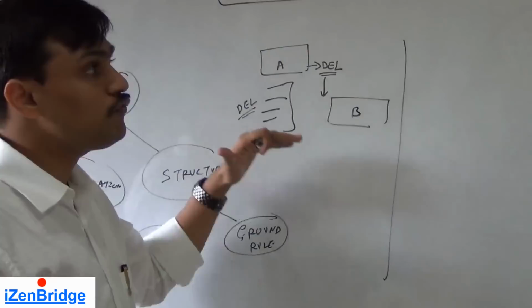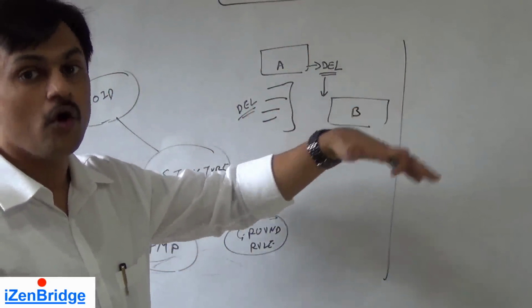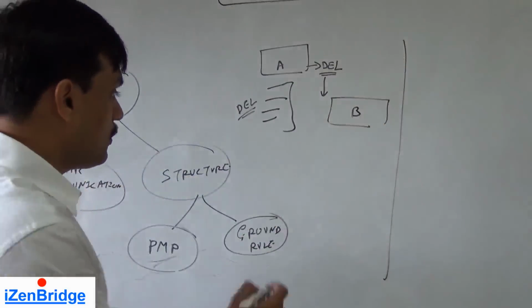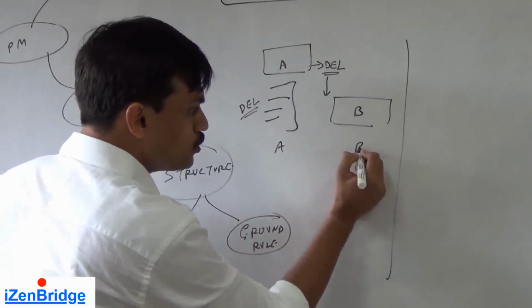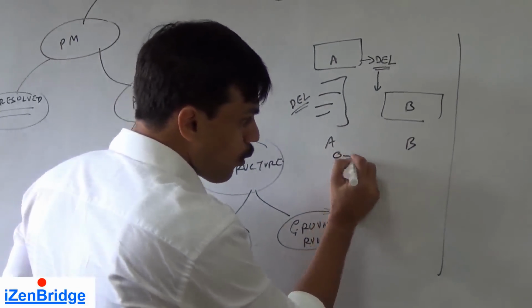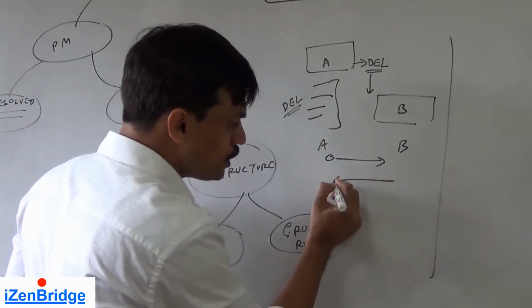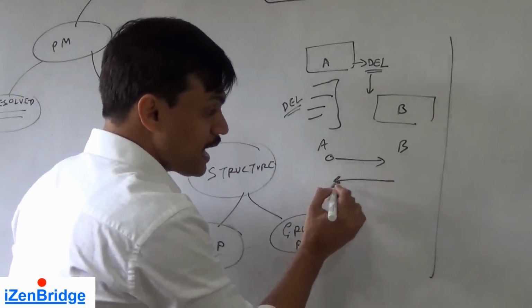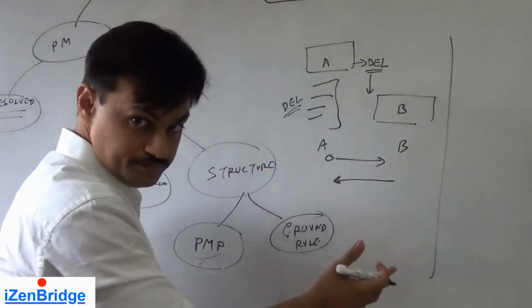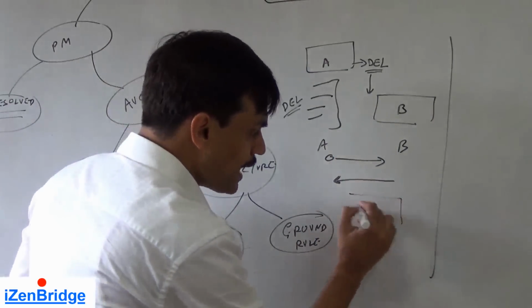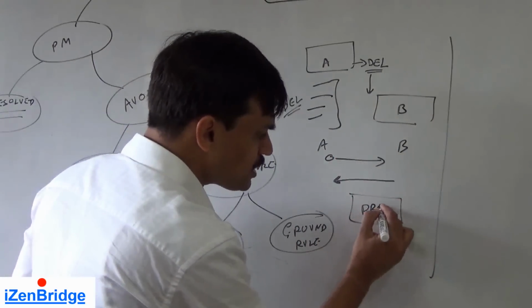So if we are following a problem solving or a collaborative approach, both the teams need to look into the reasons. They need to look at why they are asking for early delivery, and team B also needs to look into why team A cannot deliver it early. Then they need to look at the overall project objective.